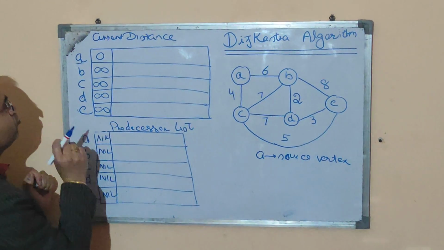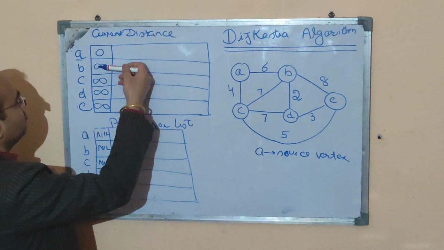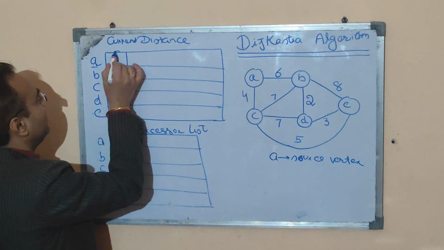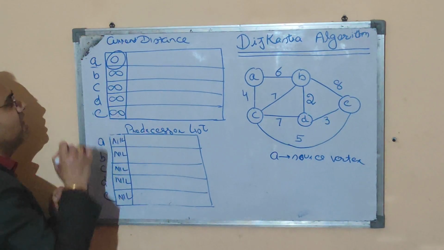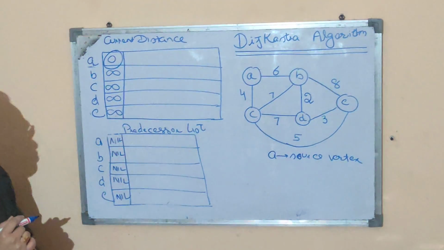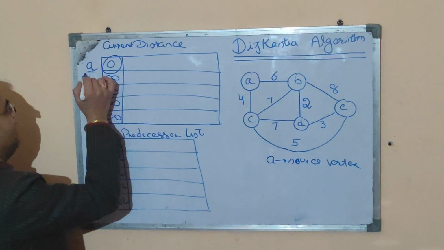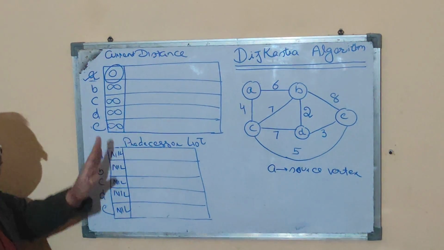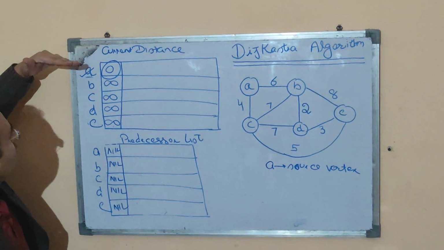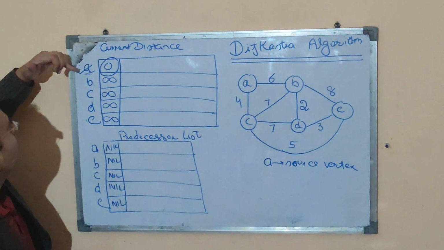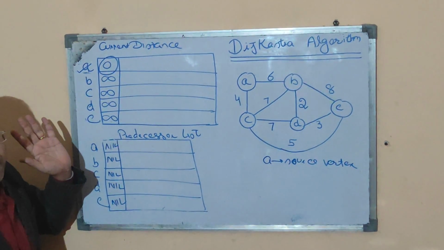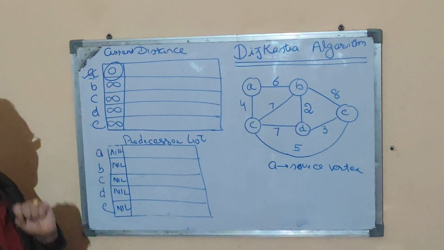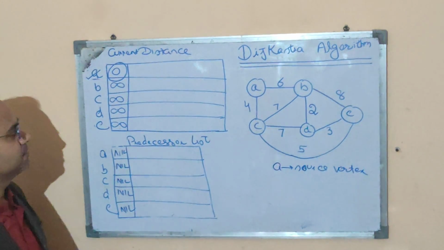Now what we have to do, out of these values, we see that A is of smallest value. So we will mark A as finalized. The meaning of finalized is that we have determined the shortest distance from A to A, and all other vertices are unfinalized, still to be finalized.